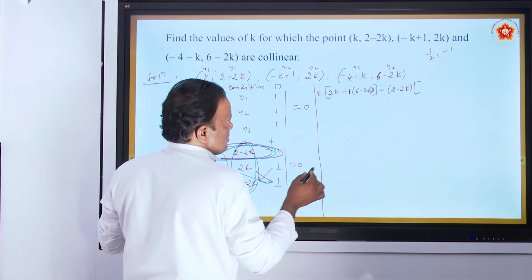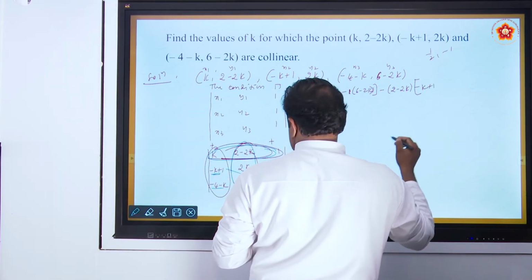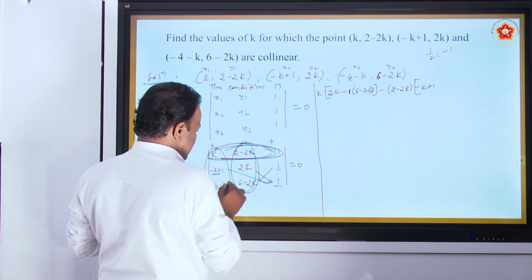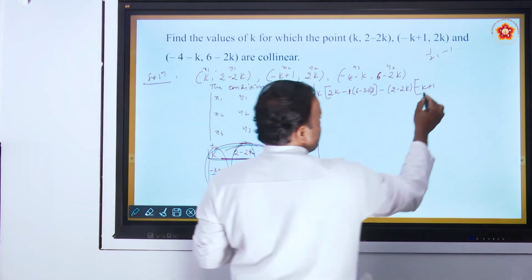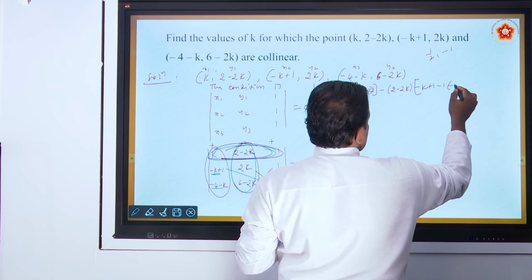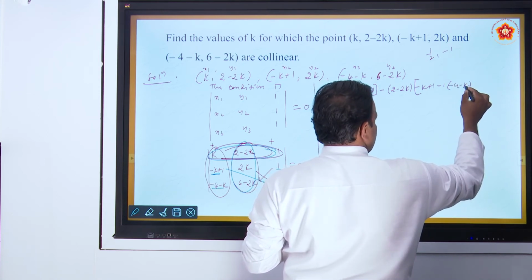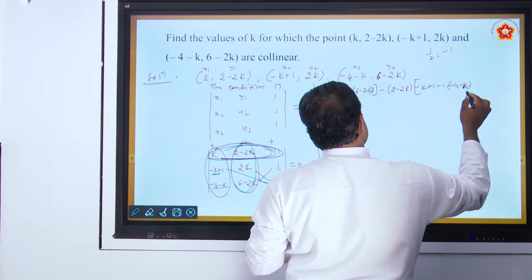Minus k plus 1 into 1, minus k plus 1. Then 1 into minus 4 minus k. Again use the bracket, outside is minus. 1 into minus 4 minus k. This is minus k, and you write it in a later step.